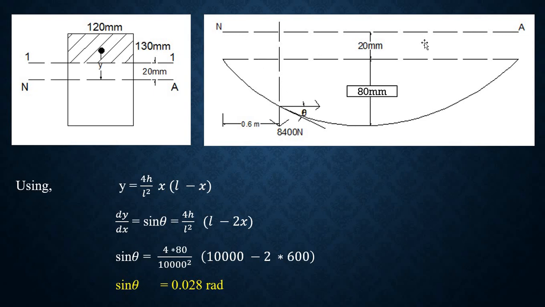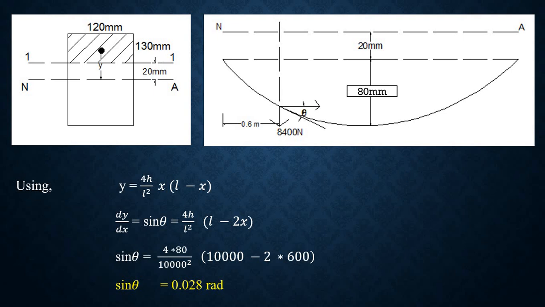Next is neutral axis, and this a parabolic cable. Here exactly from the center of the parabola up to the top or the maximum height of the parabolic cable, the distance or eccentricity is 80 mm. How did I get this 80 mm?